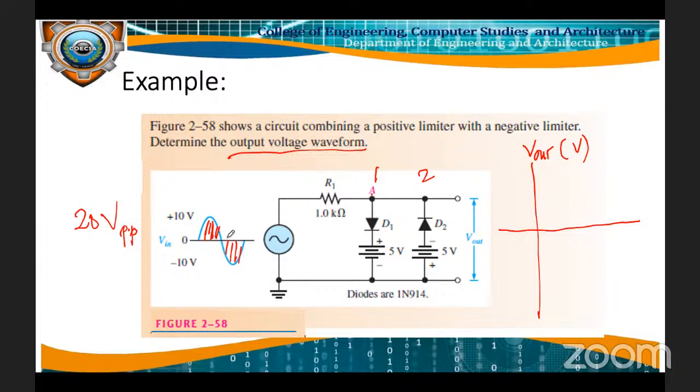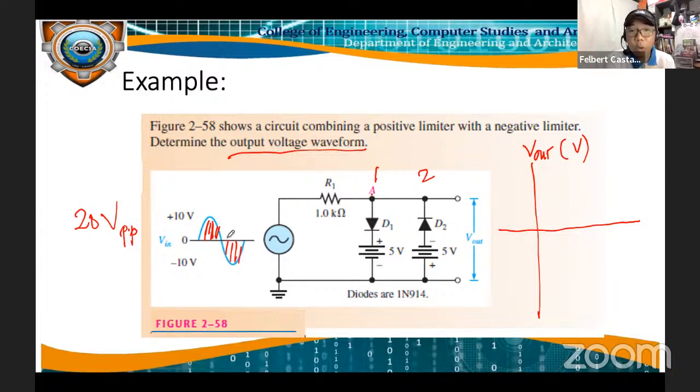D1. Okay? Because D1 is forward biased when the input is positive voltage.